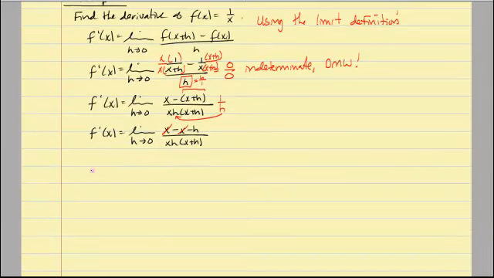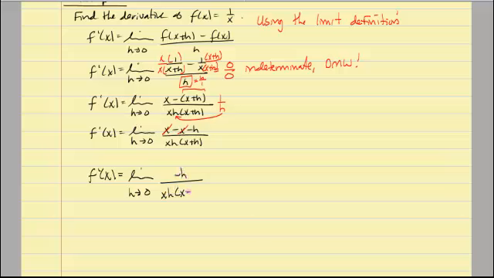And of course we never drop our limit notation. So here we have f prime of x equals the limit as h approaches 0 of negative h over xh times x plus h. Now this h in the denominator is a factor, and it will cancel with the h that's in the numerator, but I need to remember that I actually am left with a negative 1.